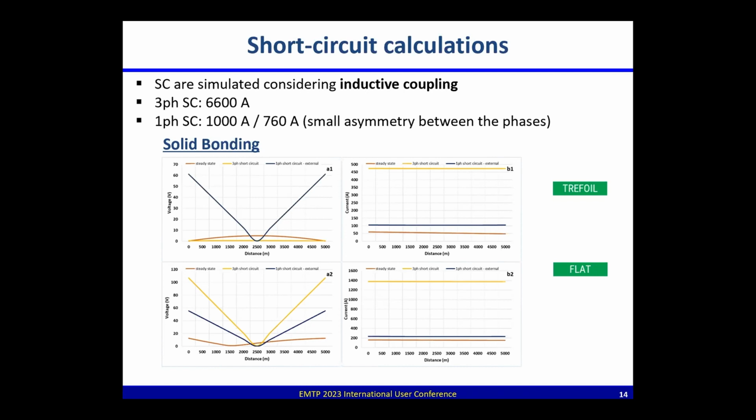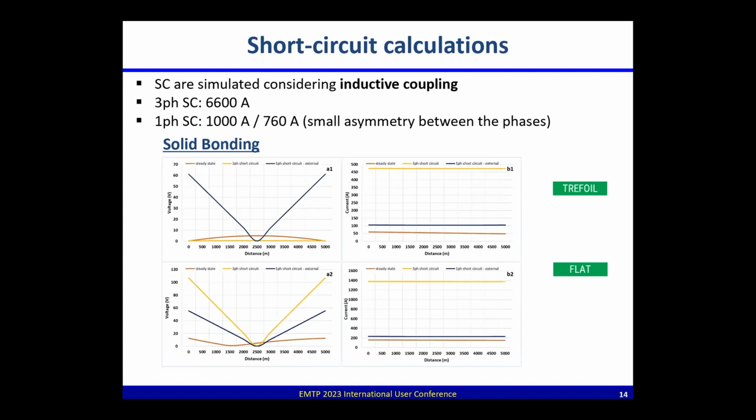And we plot here the sheath voltage profiles for the trefoil and the flat formation, and the current profiles here and here. Let's start from the currents. We can see that the orange curve is the steady state case. The blue curve is the single phase short circuit case, and the three-phase short circuit case is the yellow one.